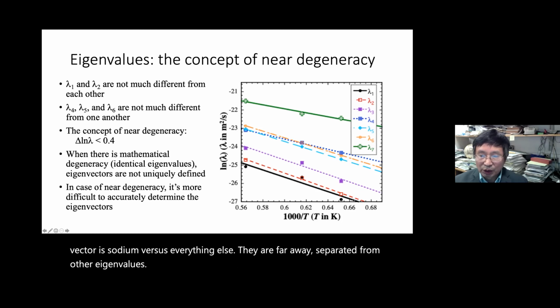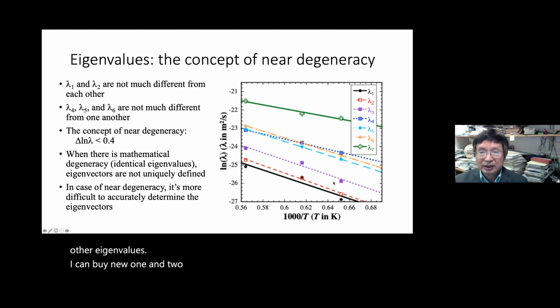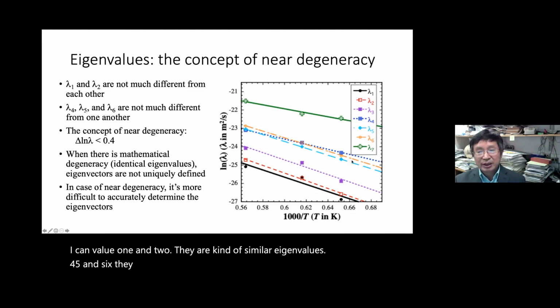Eigenvalues 1 and 2 are kind of similar. Eigenvalues 4, 5, and 6 are also kind of similar. So we define this to be near degeneracy in eigenvalues.